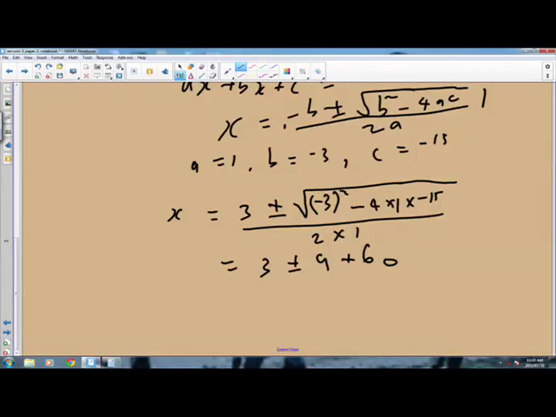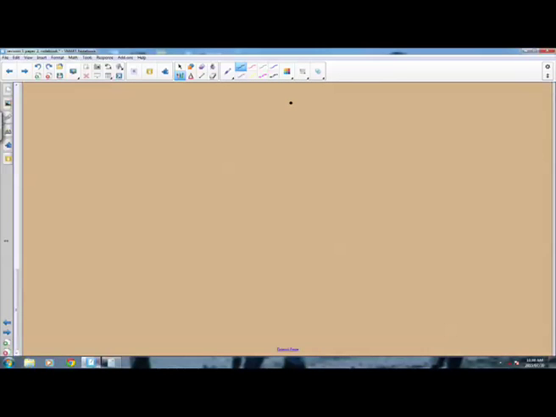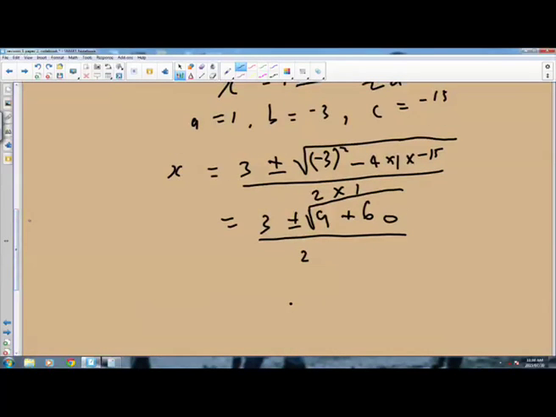And remember, the 9 plus 60 should be inside the square root sign, and you are to divide by 2. So x equals 3 plus or minus the square root of 69 divided by 2.